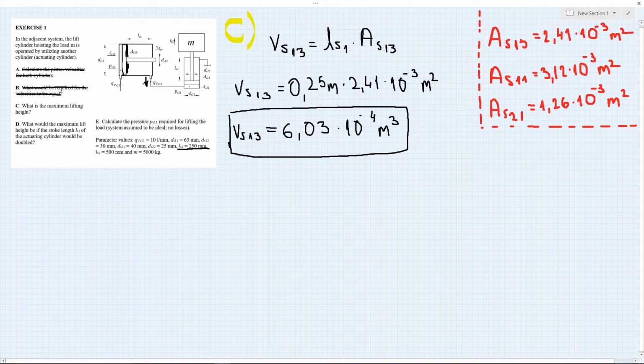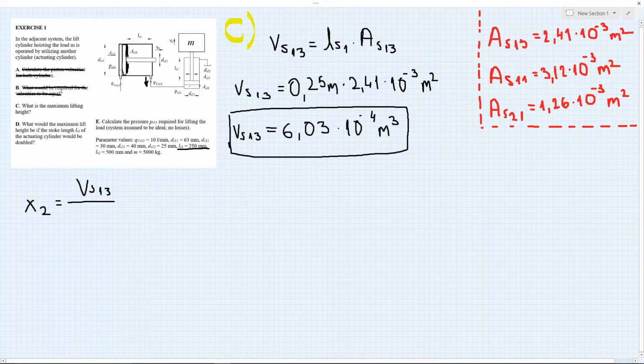Now, this volume is going to enter piston 2, and we have to find the length of the piston stroke. Let's say that length is x2, because this is piston 2, and x2 is equal to the volume that enters here, the volume VS13 that we calculated, divided by the surface area of this piston.